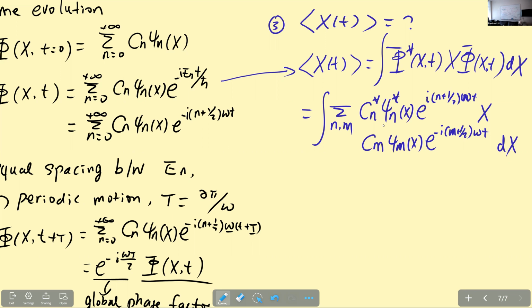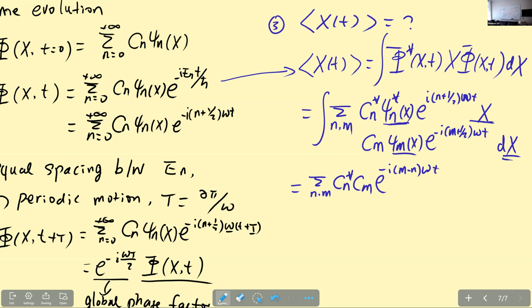Right. So the integration of all of this can be done just by considering this state and this operator, right? So this can be written as a summation over m and n of C_m complex conjugate and C_n. And these two will give us minus i (m minus n) times omega t, right?